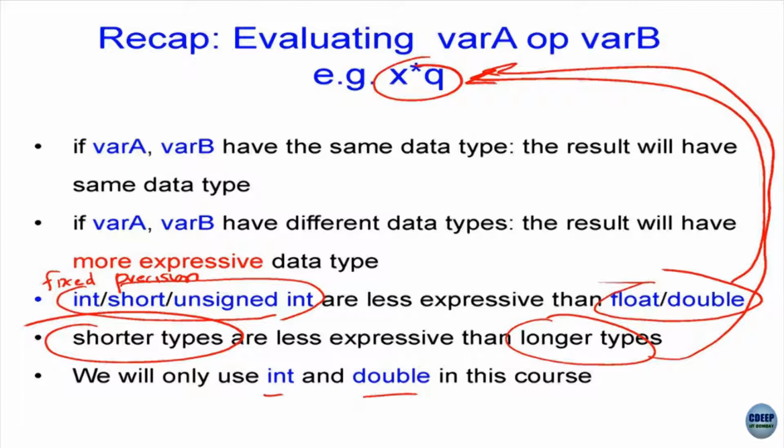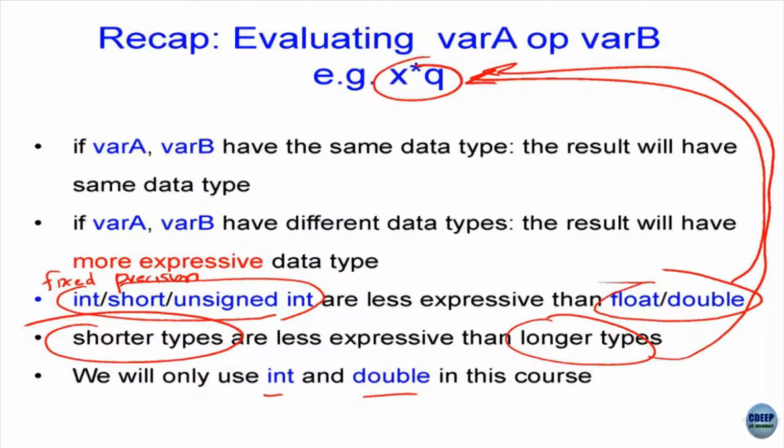Some types require less storage. We already seen that short, float, etc. respectively require less storage than int or double respectively. So again, if you multiply a short type with a long type, the result will correspond to the long type.